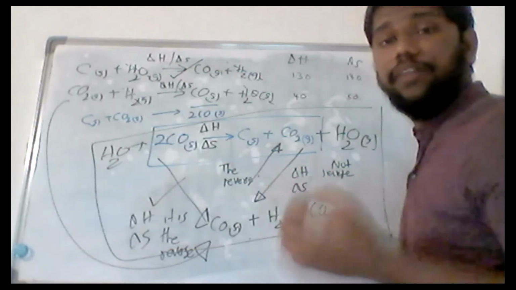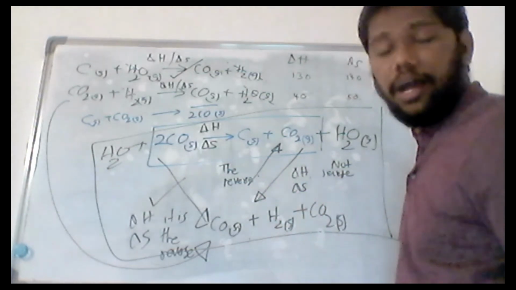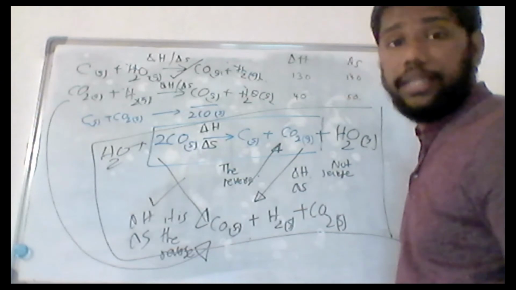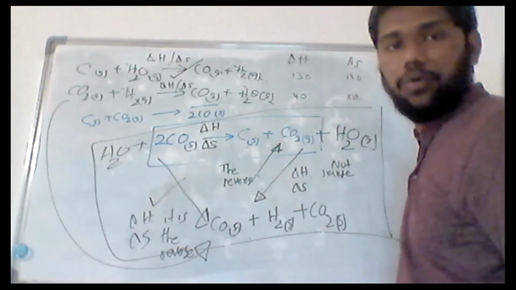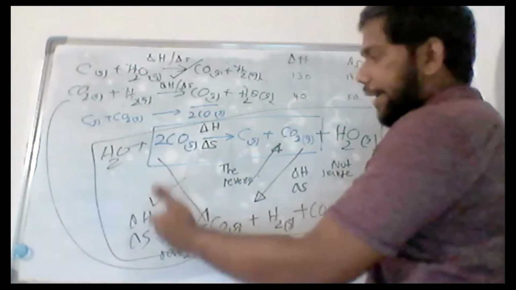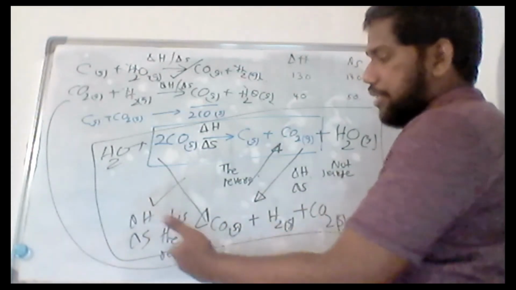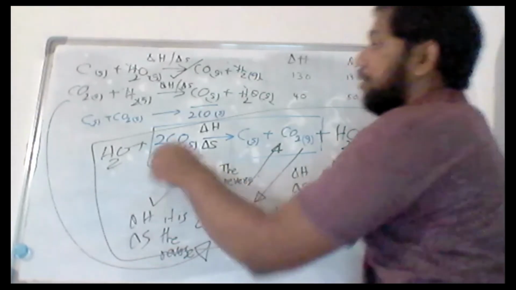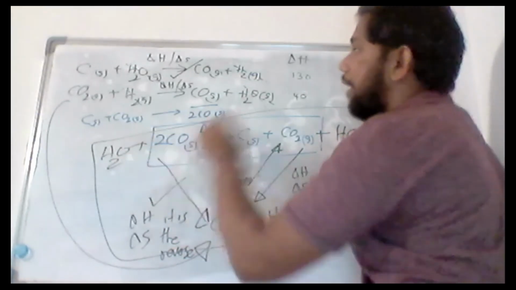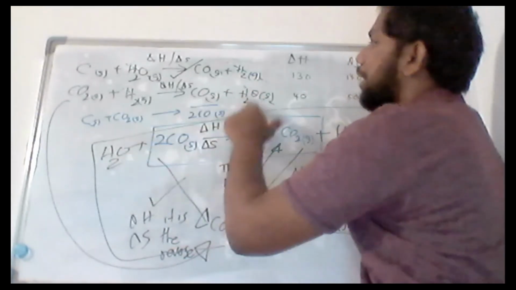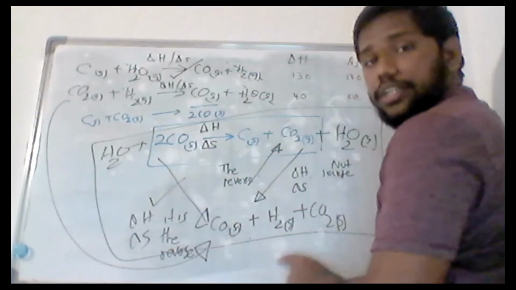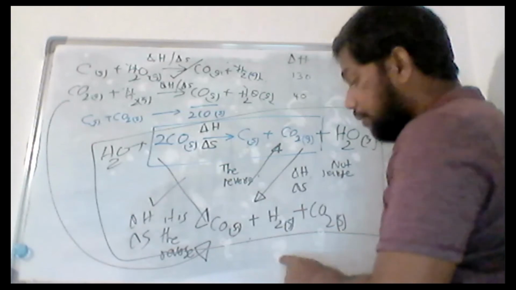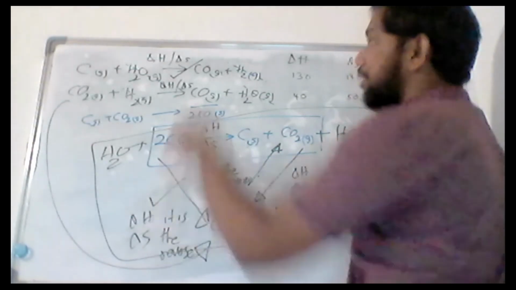Because if I have been given those data, I can easily calculate the enthalpy of this unknown reaction. Okay, so here delta H and delta S is the reverse of it, because here the reaction is between one CO and H2O giving carbon dioxide and hydrogen. That is what we have seen here.